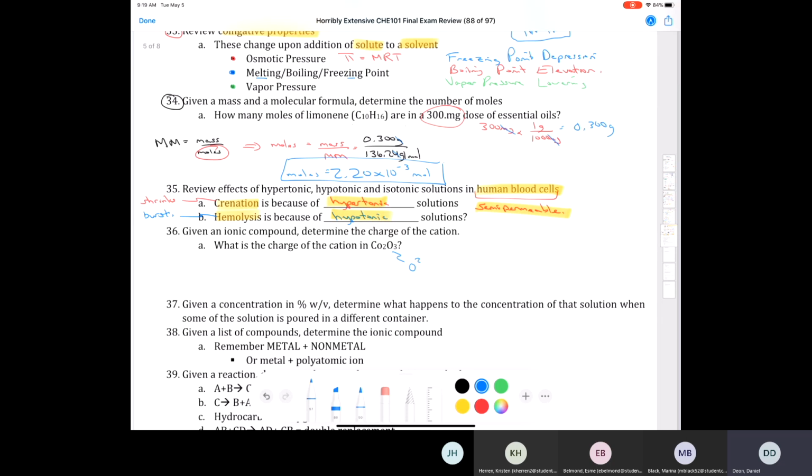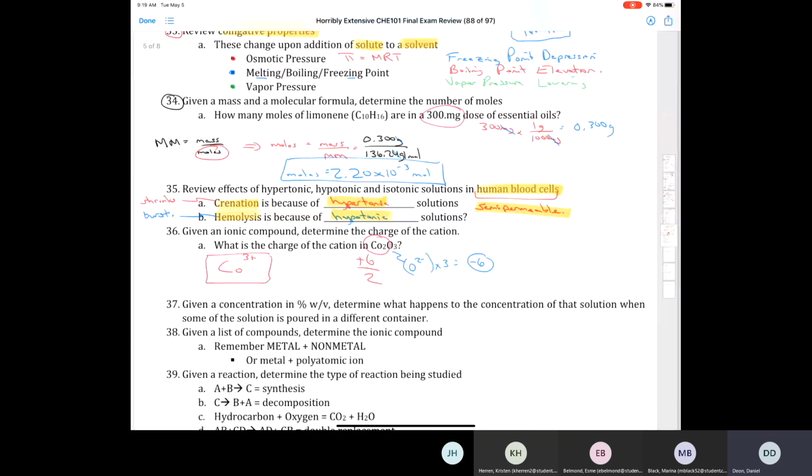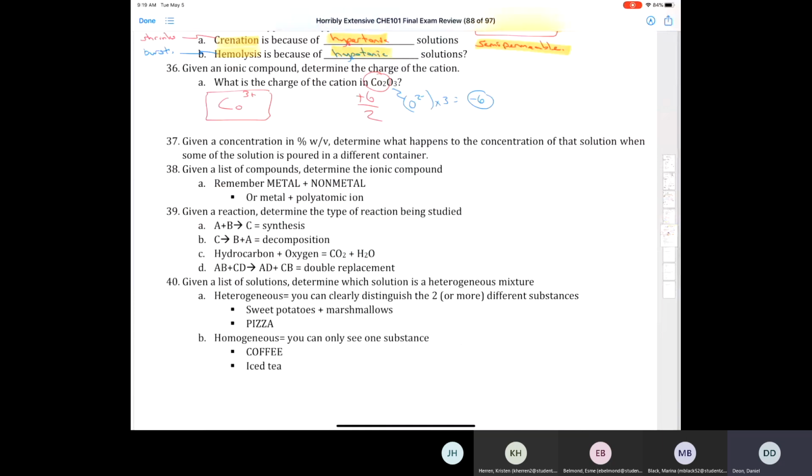So we have O2-, and if there's 3 of those, times 3, we're going to have a total of -6. And so that means that for my cobalt, it would have to be +6, but there's 2 of them. So it must be cobalt 3+, okay? And again, we went over this earlier in another question. So I'll go over that one quickly and move on to the next one.